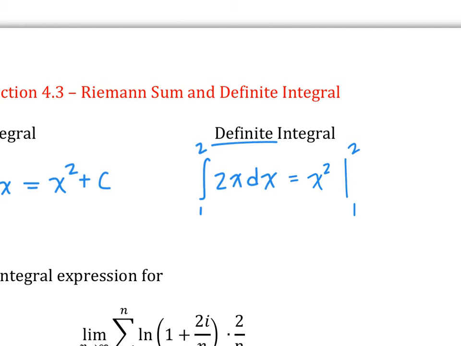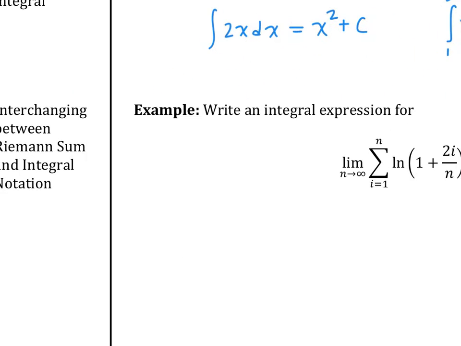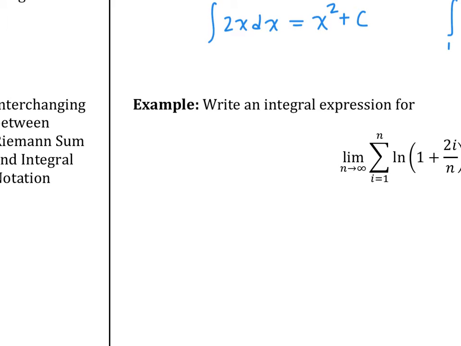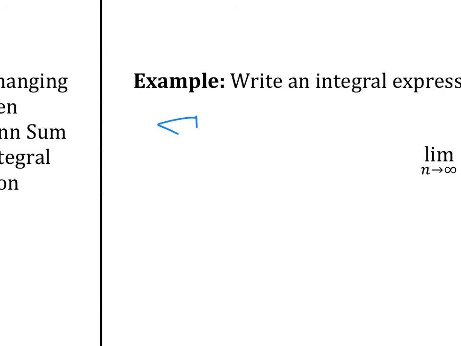But the first thing is we need to remember Riemann sum from yesterday. Riemann sum, remember, is a sum of a lot of rectangles. It is a sum of height times width. We're adding up a bunch of rectangles where the area is height times width.